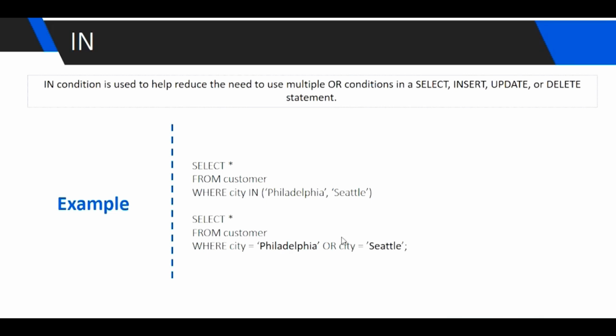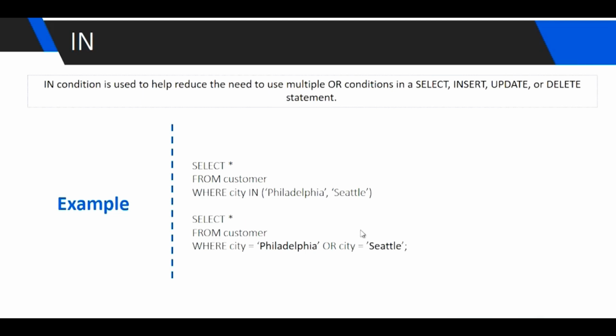One is to use the in statement, where I'll write in and then write the two values Philadelphia and Seattle. The same thing I can do with the or statement, where I'll use where city is equal to Philadelphia or city is equal to Seattle. You can imagine if I had 15 or 20 cities, I would have to write or statement 15-20 times. Whereas with in, I'll just put a comma and write the city name.